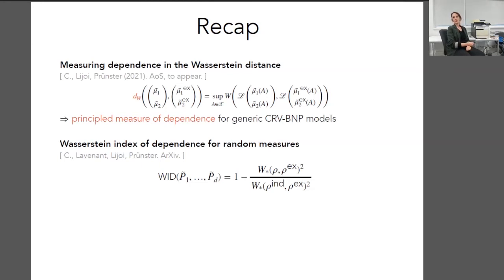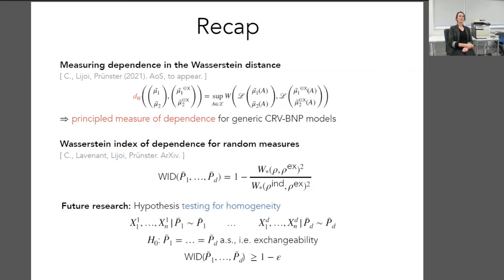And now, as for future directions, we would actually want to investigate what the data tell us about the dependent structure among different groups. And so our idea is then to use this Wasserstein index of dependence to perform a hypothesis testing of homogeneity across different groups.